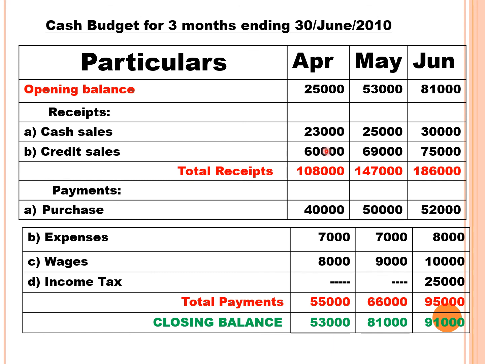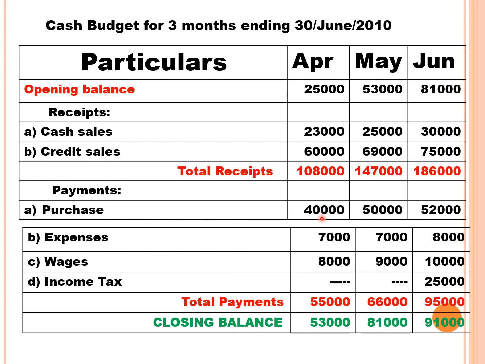So total receipt 1,08,000, less payments: purchases 40,000, expenses 7,000, wages 8,000, income tax nil. You pay income tax only in the month of June. So purchases, February purchase you make in April. That is a lag in payment of purchase of 2 months. You purchase now, you pay after 2 months.